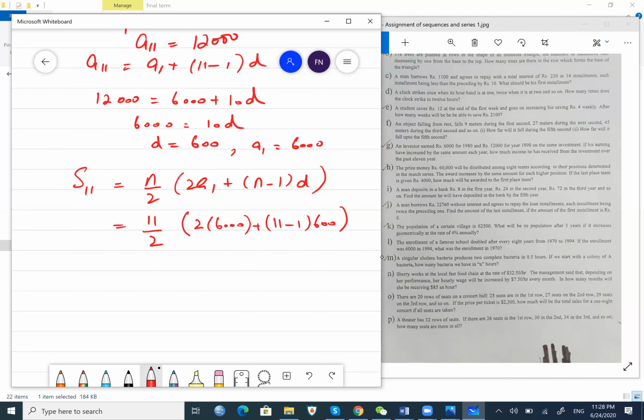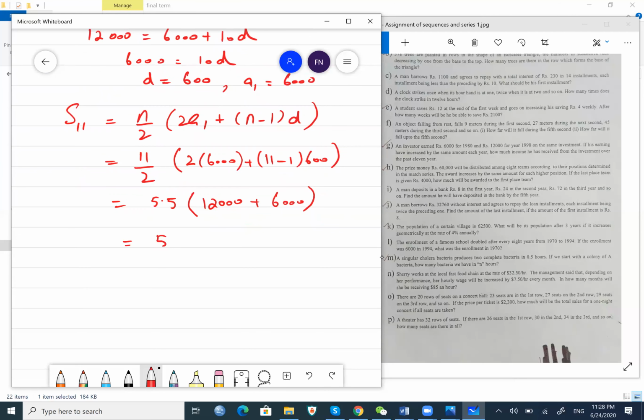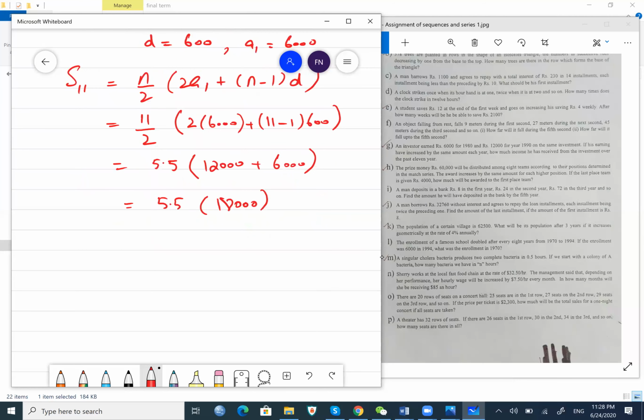D is 600, so it is 5.5 times 12,000 plus 6,000, which is 18,000. So 99,000. So S11 is he will earn 99,000 over this investment.